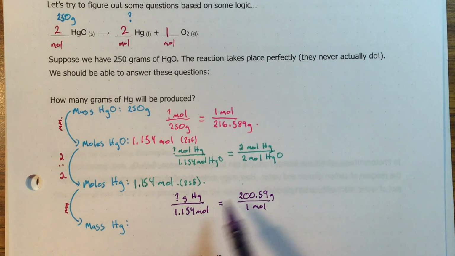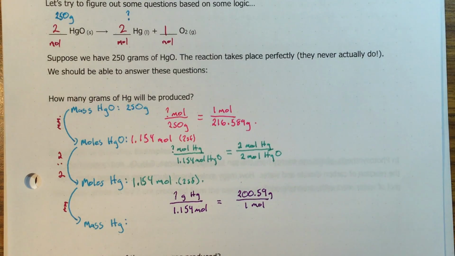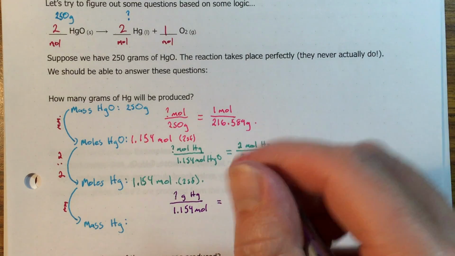So we do 1.154 times 200.59 divided by 1, which is equal to 231.53.